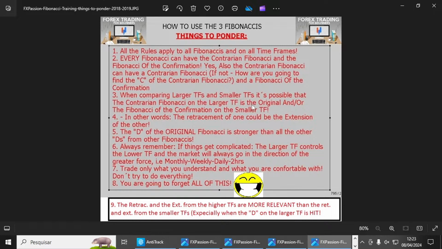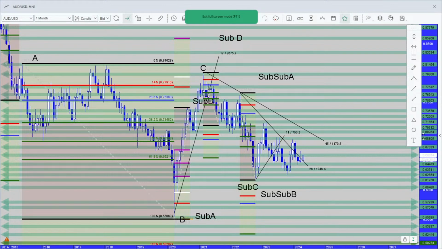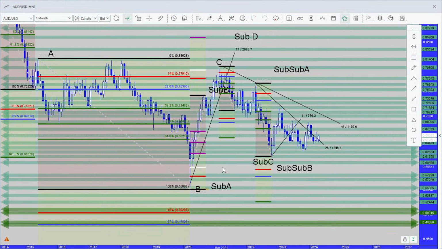If you want to take pictures, everybody, this is the last picture. All the rules apply to all Fibonaccis and on all time frames. Capital Fibonacci, original Fibonacci, contrarian Fibonacci, Fibonacci of the confirmation. All rules, see, A, B, C, original Fibonacci.